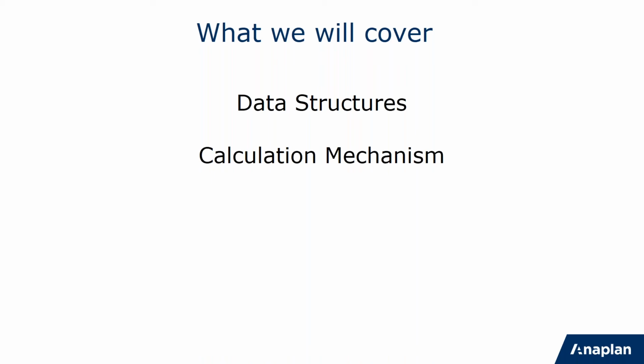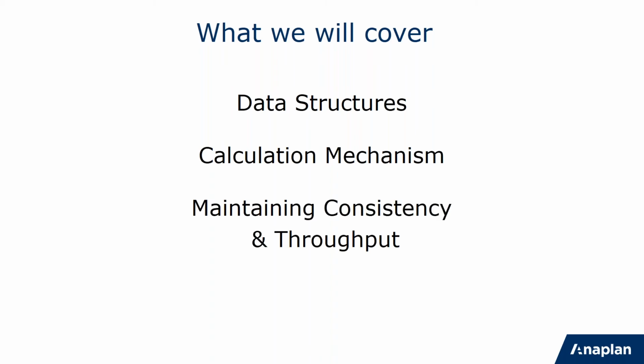We're going to cover some aspects of the actual calculation mechanism itself, in particular the difference between what we call full calculation and selective calculation. The full calculation being all the data when you load the model, and selective calculation being keeping it.